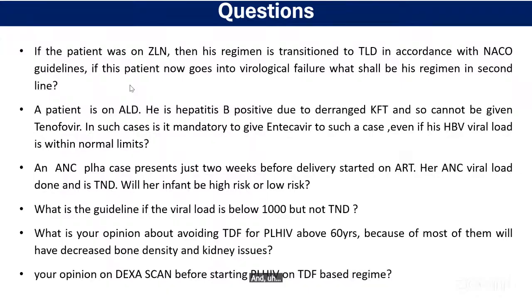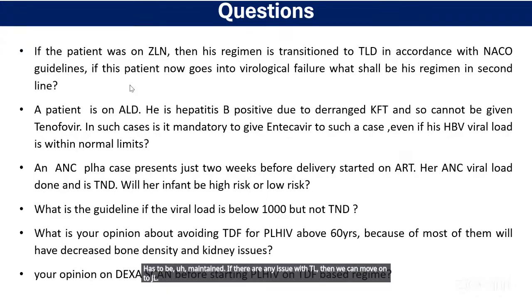Now the patient is failing on a TLD based regimen. So the options would be DTG 50 BD plus ATV/r 300/100 OD plus the NRTI backbone of TL has to be maintained. If there is any issue with TL, then we can move on to GDL. That will be my answer.